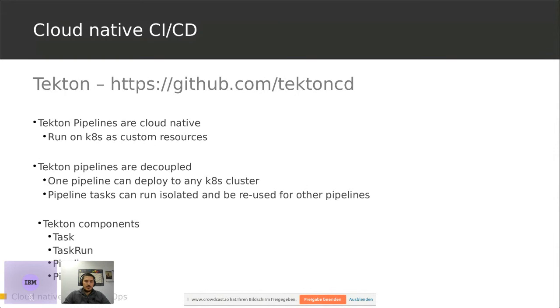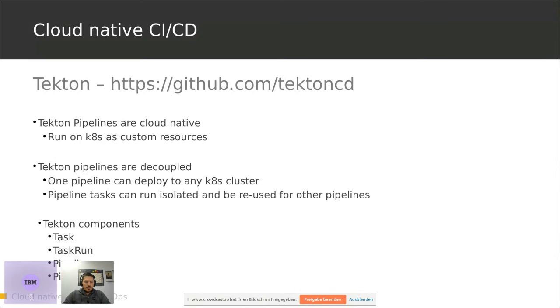That means they run on Kubernetes natively as custom resources. A Tekton pipeline is decoupled, so we can use one pipeline to deploy to any Kubernetes cluster. Also, each task in a pipeline can run isolated and can be reused for other pipelines. What exactly this means can be seen in the demo.